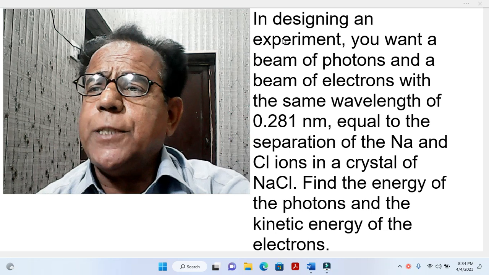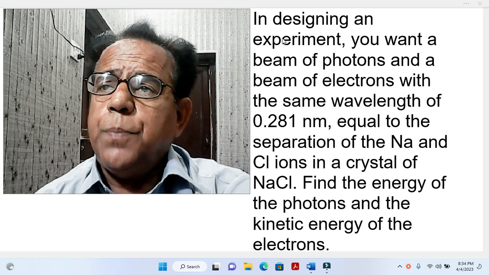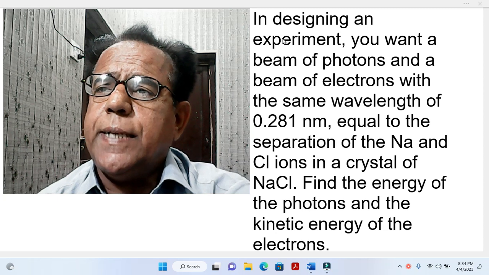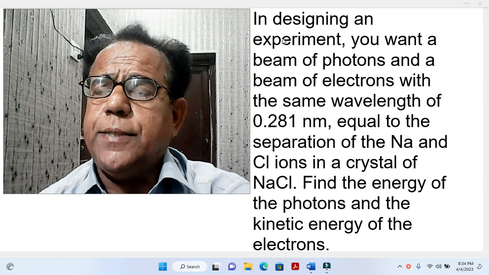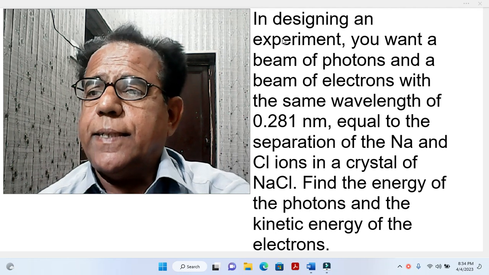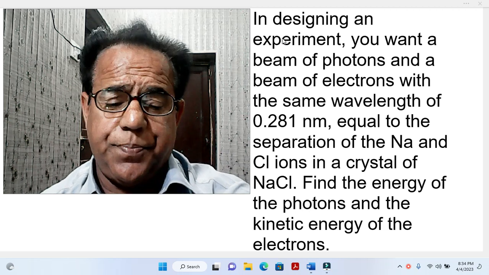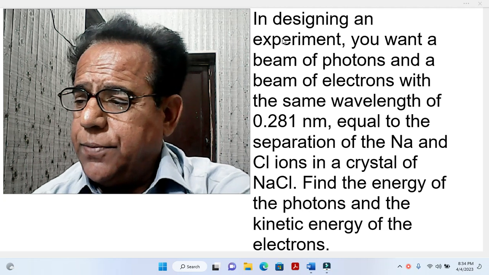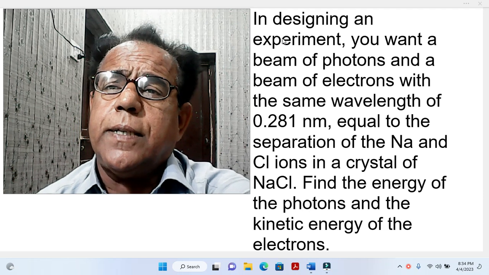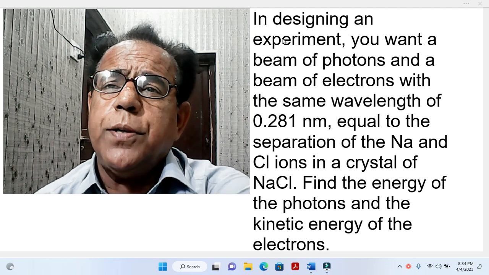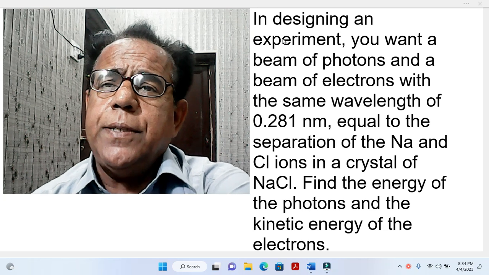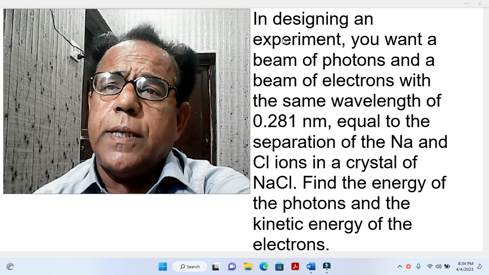This is our next problem, once again chosen from the same book, that is Modern Physics by Kenneth S. Crane. First we will follow this book, then we may start Modern Physics by Andrew Rex and Stephen T. Thornton.